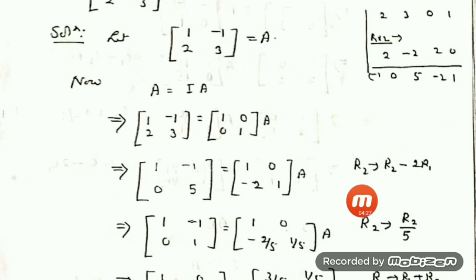First write down the transformation: R2 is replaced by R2. As here we have 2, multiply the first row by 2, and since this is positive, to get 0 we have to subtract it. So our operation is R2 minus 2R1.